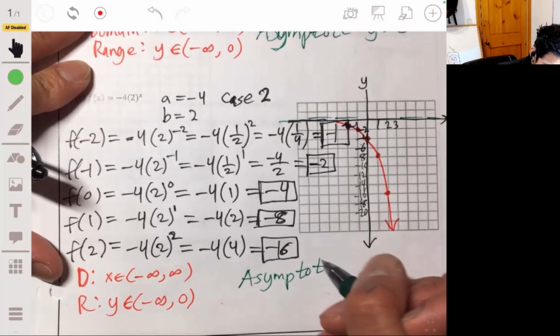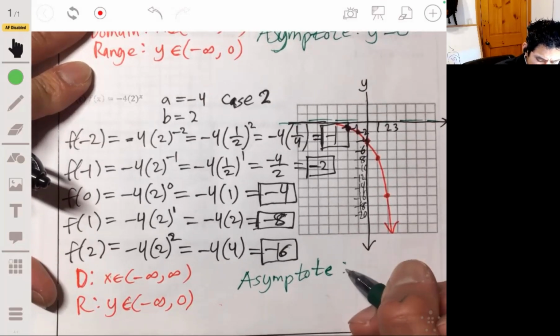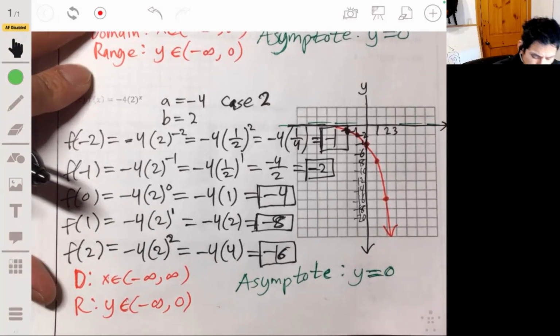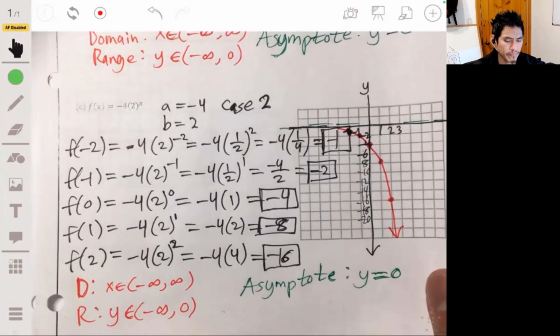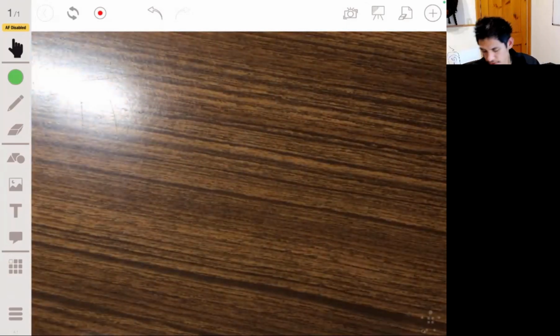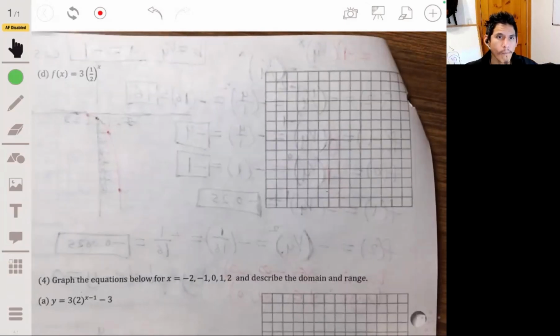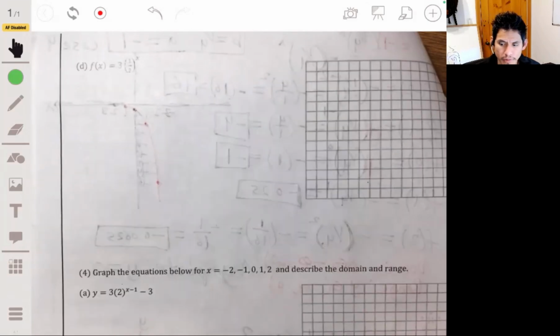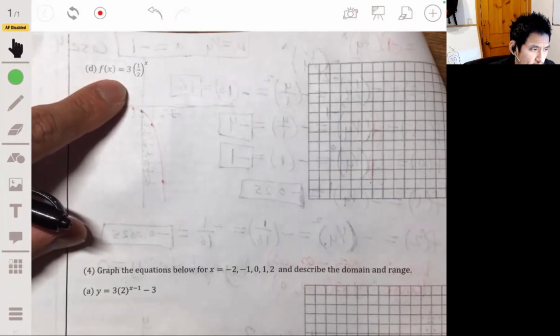Don't worry, we'll get to some more complicated and fun equations for asymptotes. So just hang tight. Let's just go through one more for now. Here we got f of x is 3 times 1/2 to the x power.